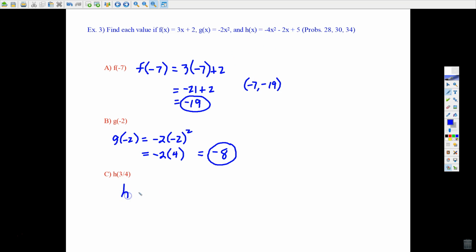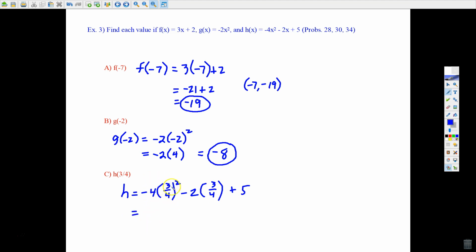So this one's a little more complicated, I guess, because we got to deal with this fraction. So it's the same idea. We're going to take 3/4 and we're going to put it into the function for x. Everywhere we see x, we're going to input 3/4, and then it's going to be our job to come up with the output using PEMDAS.